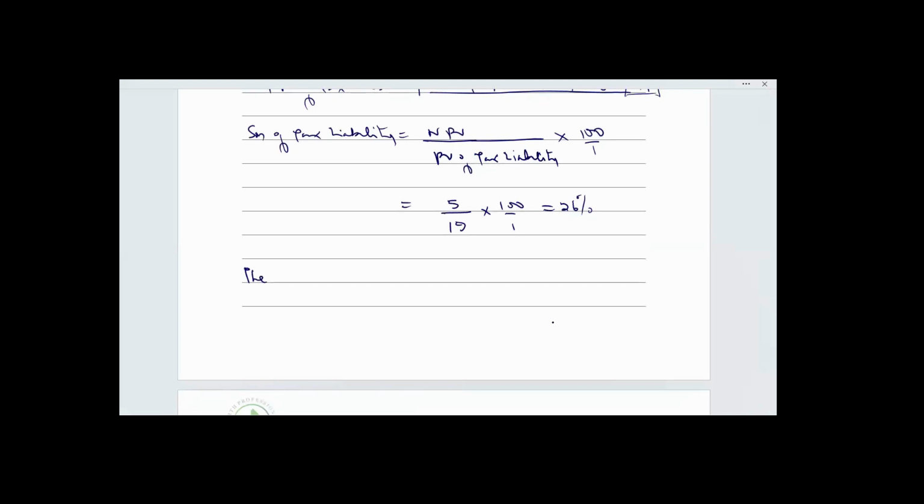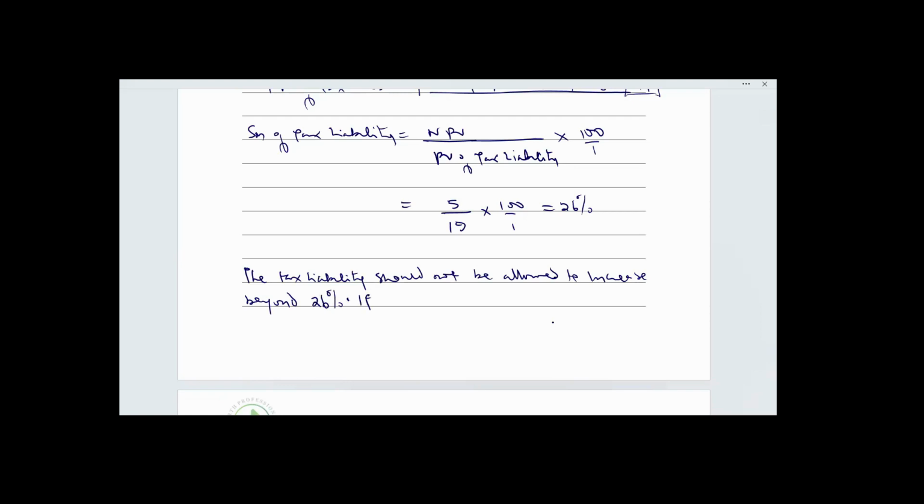So we then say the tax liability should not be allowed to increase beyond 26%.